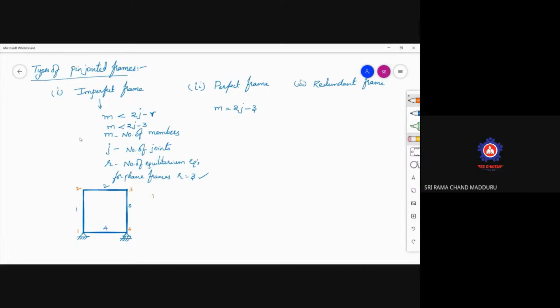So the number of members is 4 and the number of joints is also 4. As per our equation, 2j minus 3 is 2 into 4 minus 3, that is 8 minus 3, which is 5. The number of members is 4 only, so m is less than 2j minus 3. Hence, the given structure is unstable or imperfect. The structure is unstable.